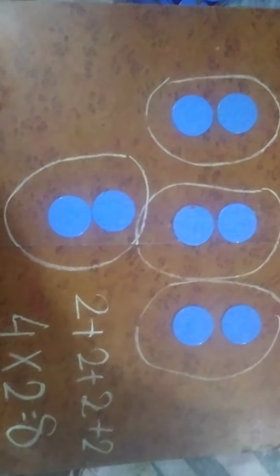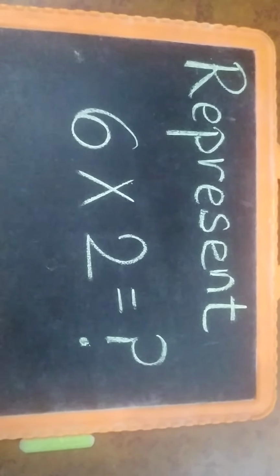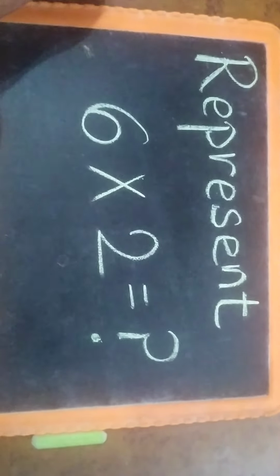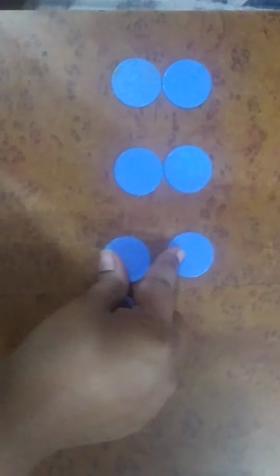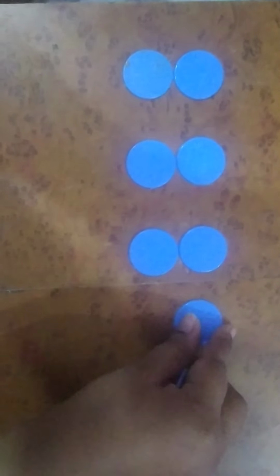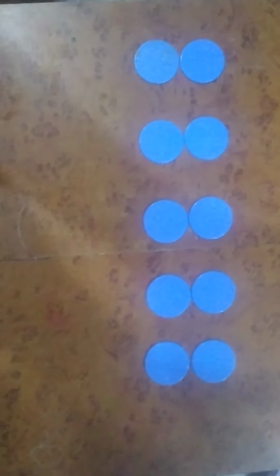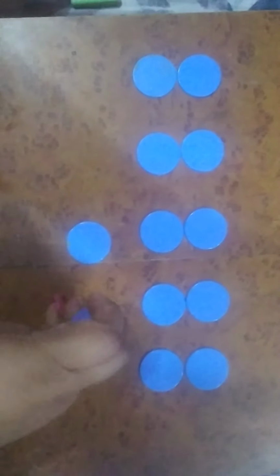Let us do one more. Now let's represent 6 times 2. So how will your child represent 6 times 2? Let's do this. 1 times 2, 2 times 2, 3 times 2, 4 times 2, 5 times 2 and 6 times 2.